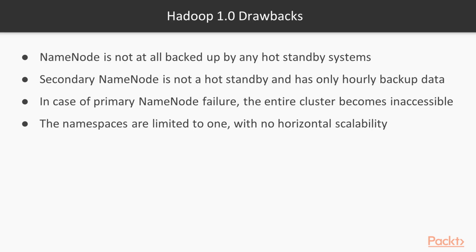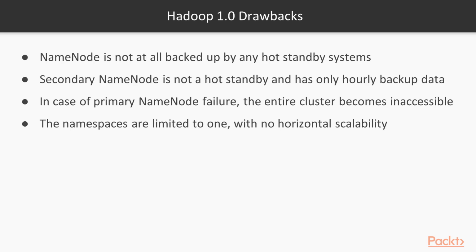And then NameNode was not at all backed up by a standby system. Secondary NameNode was picking up the periodic backup from NameNode. Say, for example, right now secondary NameNode picked up the backup, and after a while, half an hour later, the primary NameNode is down.